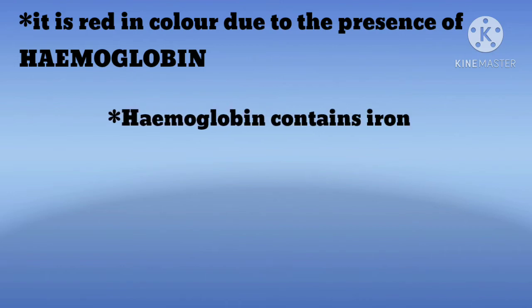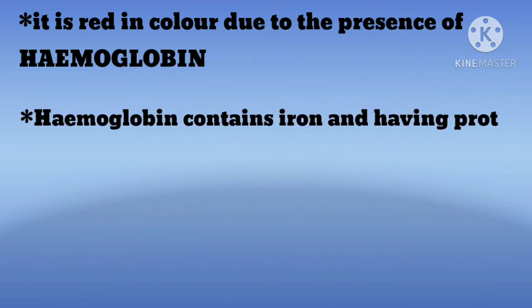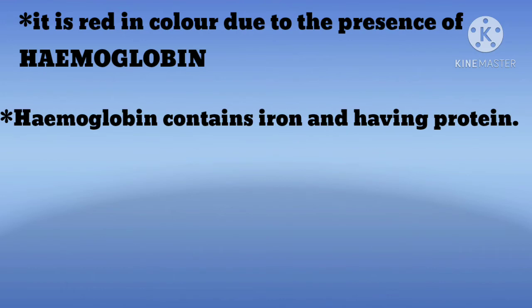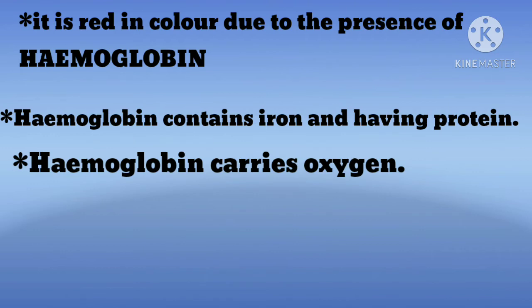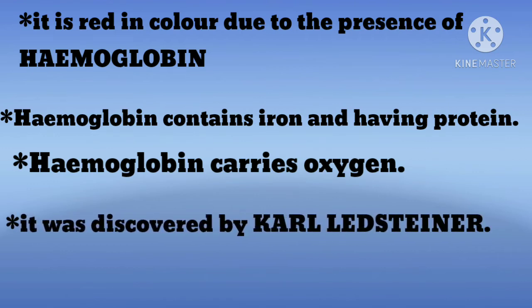Hemo means iron, and globin is a protein. Because of this hemoglobin, the blood is red. And what is the main function of hemoglobin? Hemoglobin carries oxygen to our body, and blood was discovered by a scientist named Carl Landsteiner.